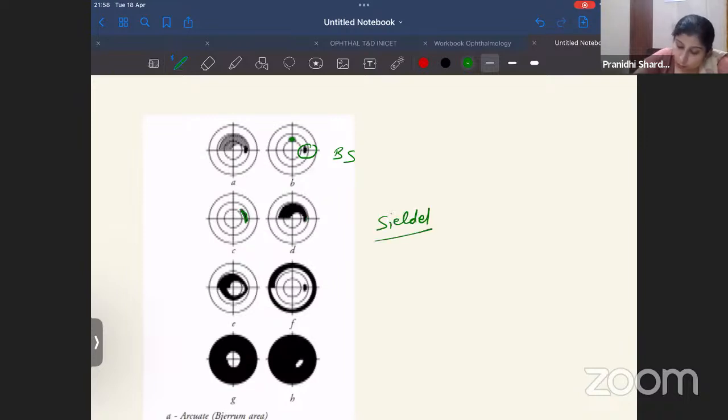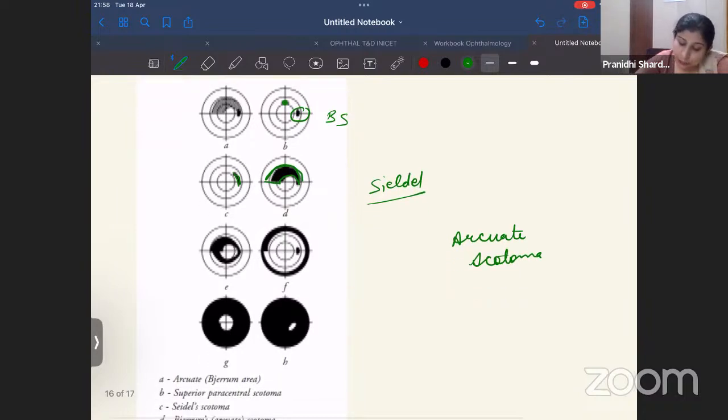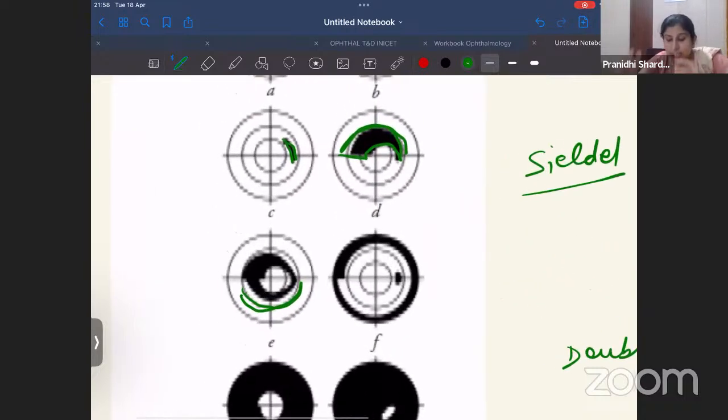This Seidel scotoma then travels towards the other side also and takes the form of an arcuate, known by the name of arcuate scotoma. This arcuate scotoma then appears on the other side also. This is the double arcuate scotoma. Now this Rønne's step appears in this double arcuate scotoma.